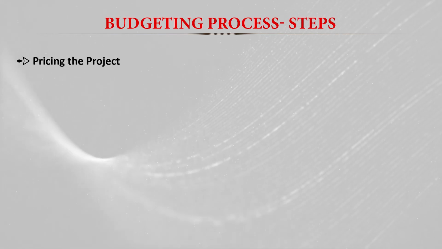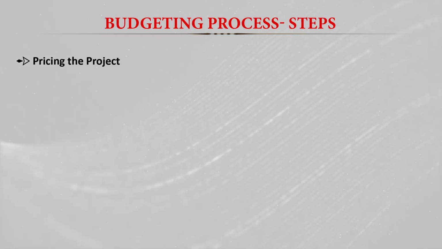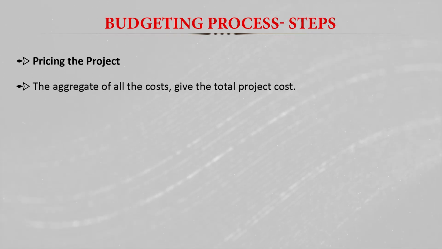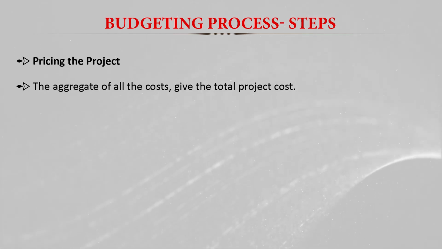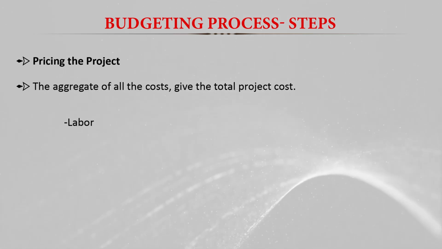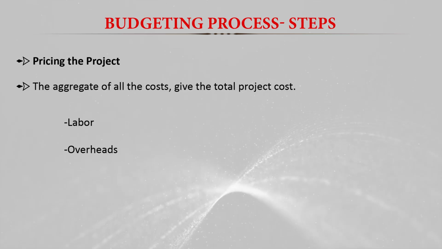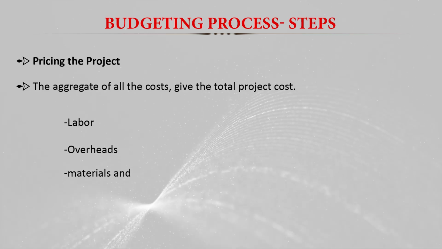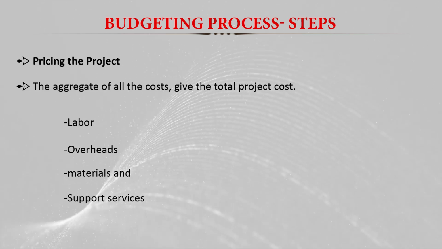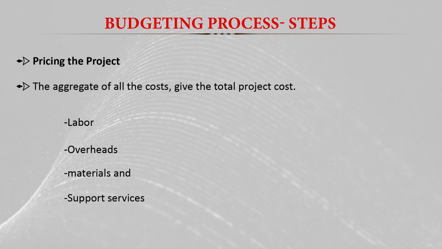The next step is pricing the project. Here we aggregate all types of cost, that is the labor cost, the overhead cost, and the material and support services cost, to get the total project cost.